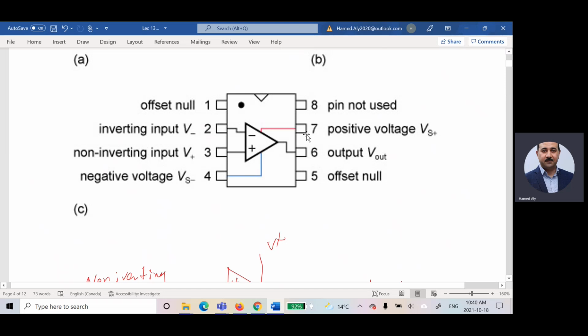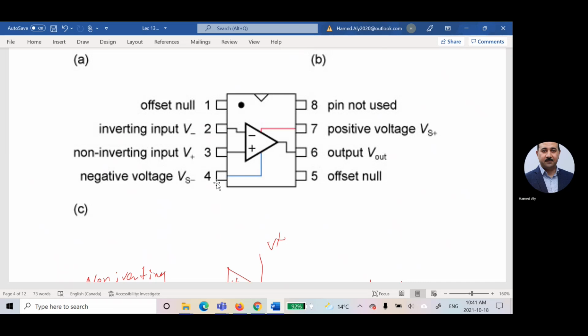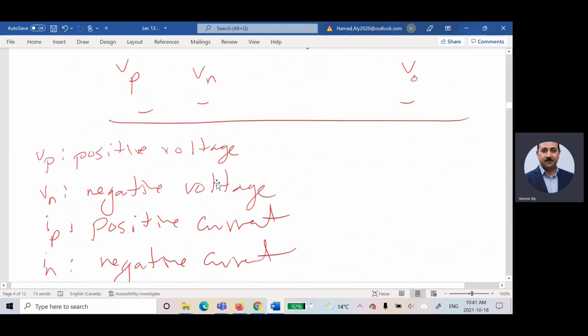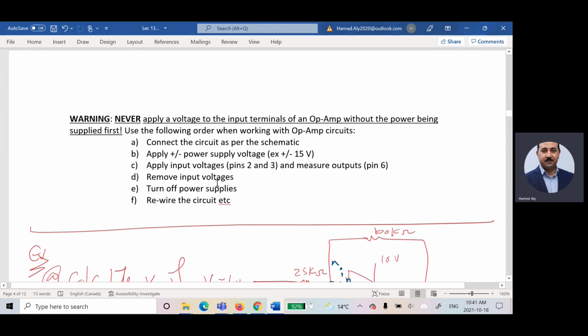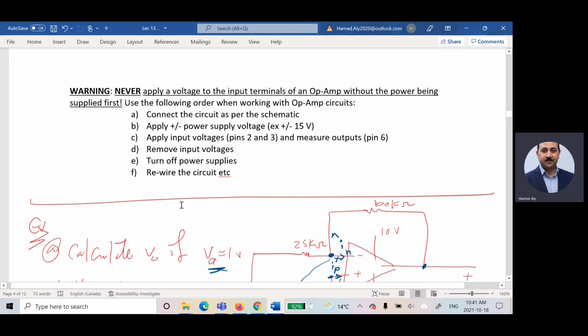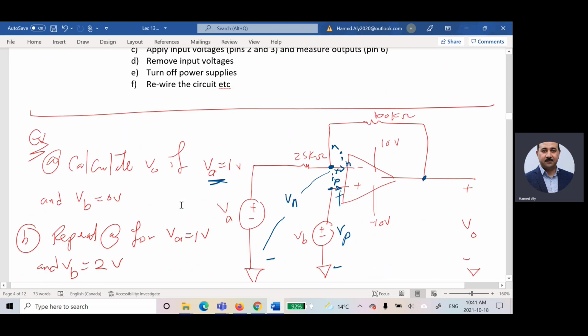The opposite applies when connecting: I connect the power supply to pin 7 and pin 4 first, then I connect the inputs. Are you seeing what I'm talking about, guys? This is very, very important to know, and I wrote that in the lab report as well. So please follow the procedures for connecting the operational amplifier to your circuit.